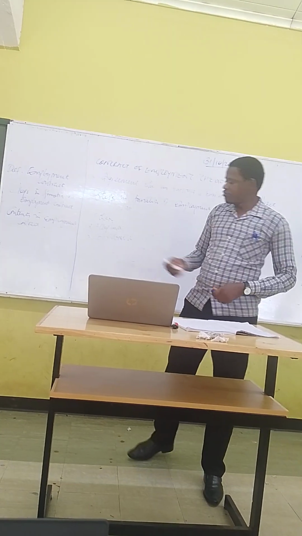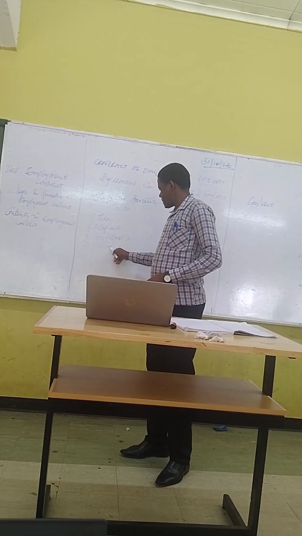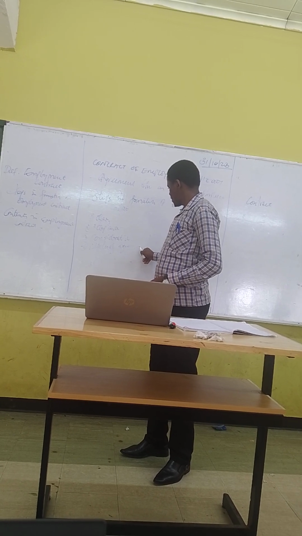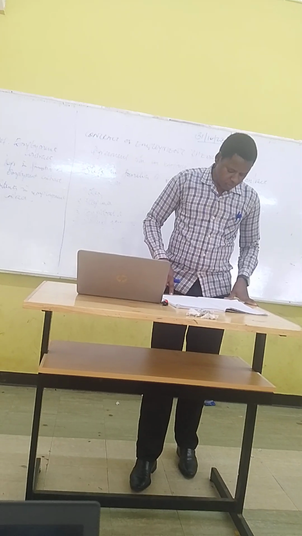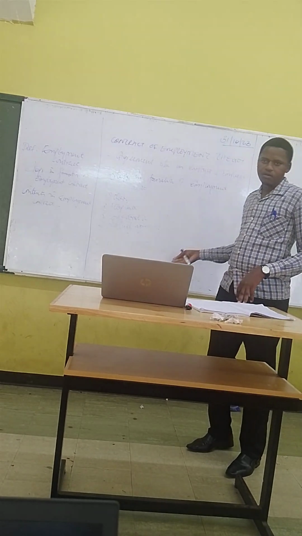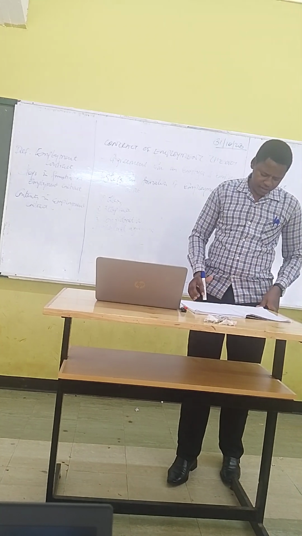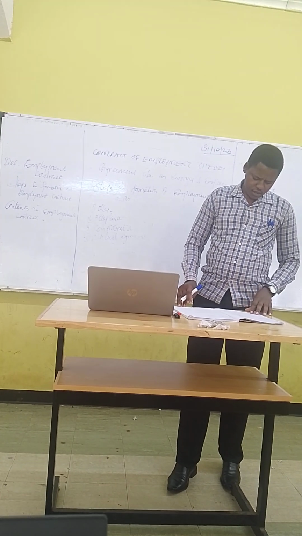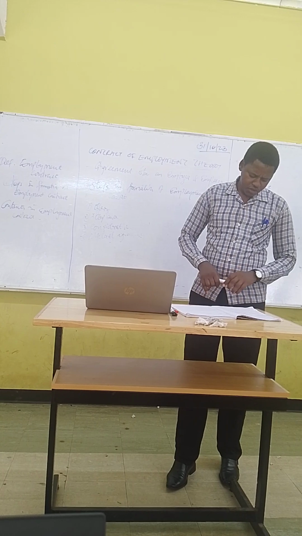And then number 4, we have what we call the mutual agreement. These are the steps. What we mean by that, both the parties, that is the employer and the employee, have to agree on or come into terms and agree on certain terms for the job to be given.